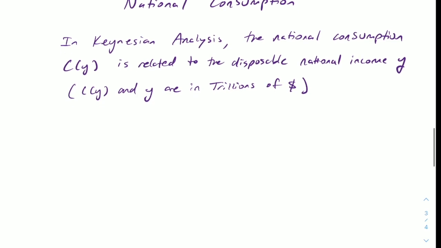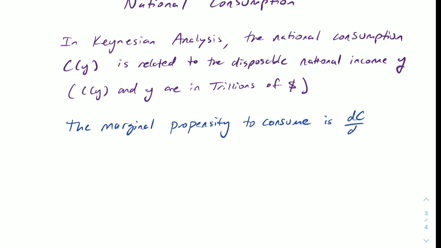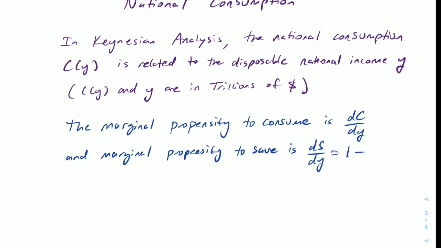Now we're going to introduce two derivatives. The first derivative is called the marginal propensity to consume. It's the derivative of this national consumption with respect to the disposable national income, this Y. And we have the marginal propensity to save, and that is denoted by dS/dY, and it's the complement of dC/dY.